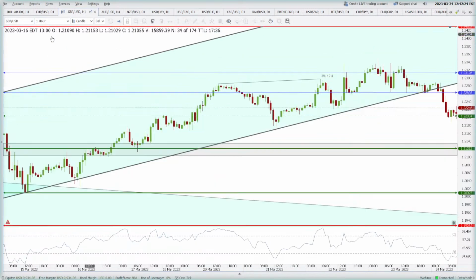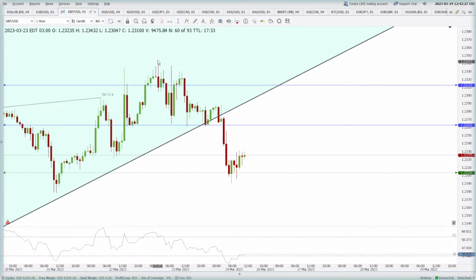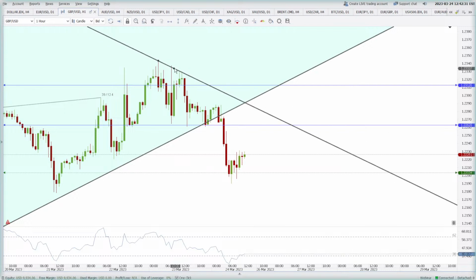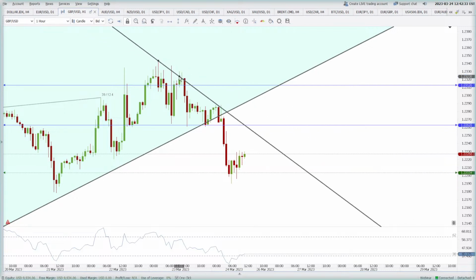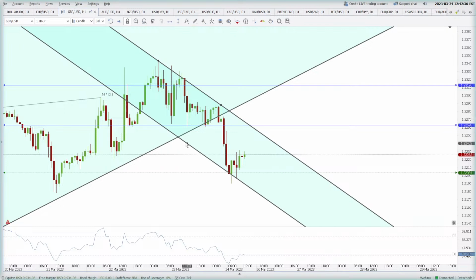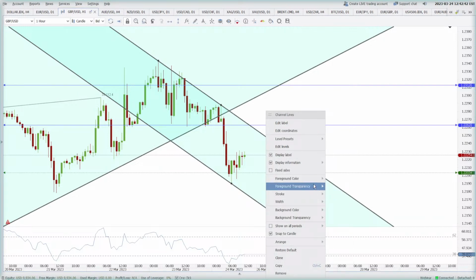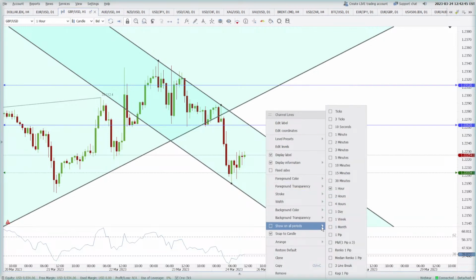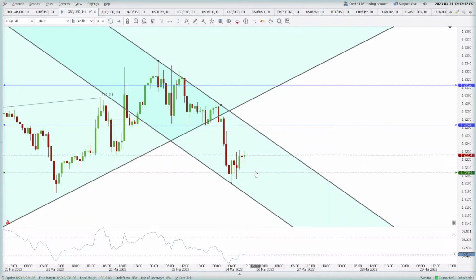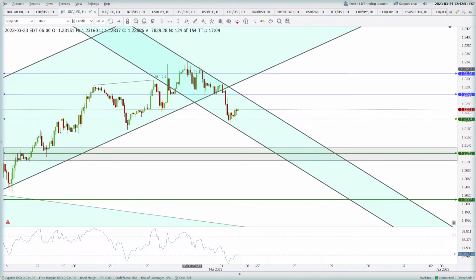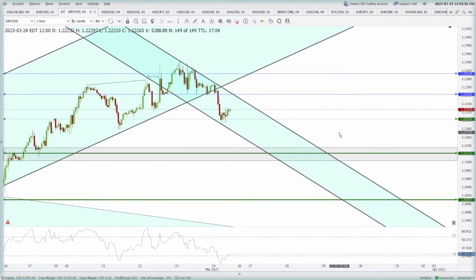Otherwise you can switch to the 1 hour and trade it like the euro I just mentioned, or you can do it like this if you want. Once this breaks higher, you will know that the short-term downtrend is over. So this is also something you can do.